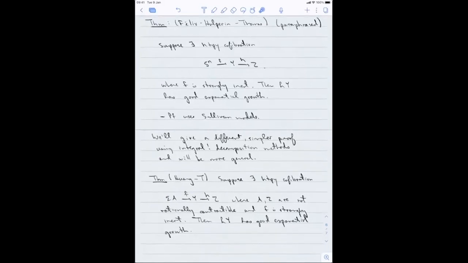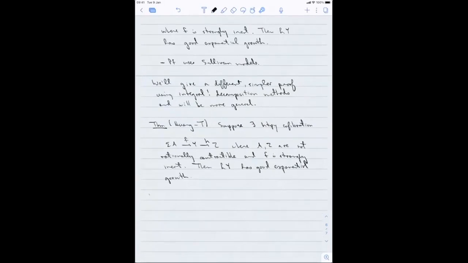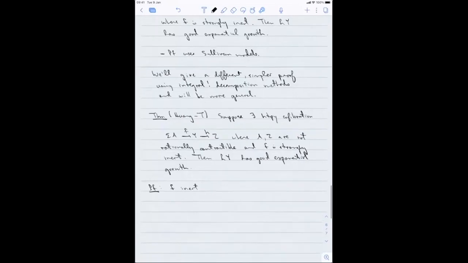You're not supposed to be able to prove rational statements using integral methods. It's not supposed to work like that. So this is surprising. So F is inert, which means by definition, loop H has a right homotopy inverse.